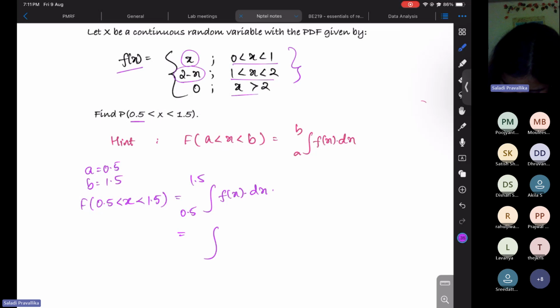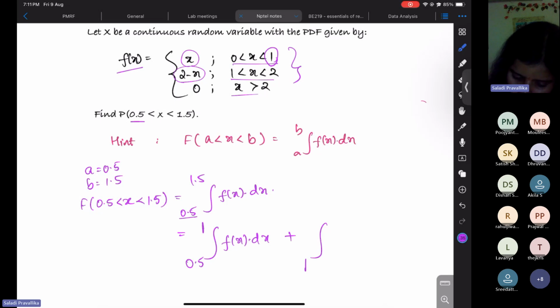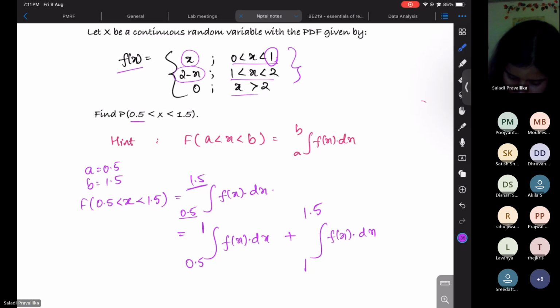So what we can do is, starting from 0.5 to the next interval upper bound, that is 1, integral of f of x dx, plus from 1, the other interval is 1 to 2, but I want it only till 1.5, right? So 1 to 1.5 of f of x dx.